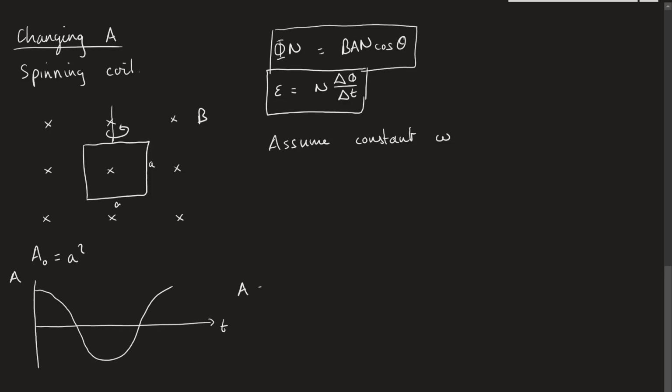So A is now equal to A cos of omega t. Now I can rewrite this out in terms of the EMF and say that the EMF is therefore just N, and it's just going to be the change in flux. So the change in flux is just the change in B A cos omega t with respect to time.